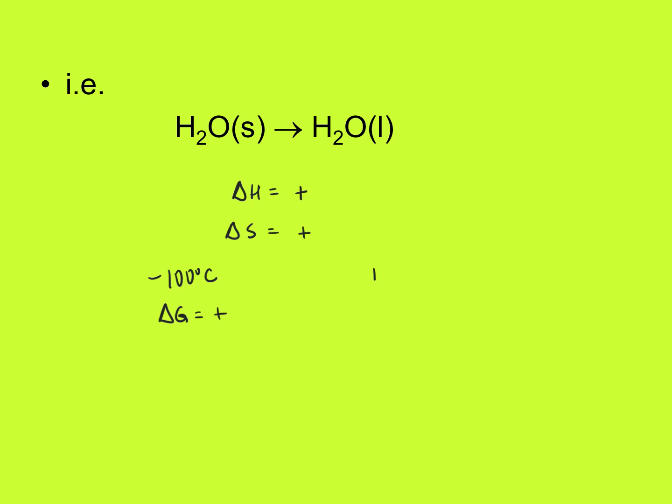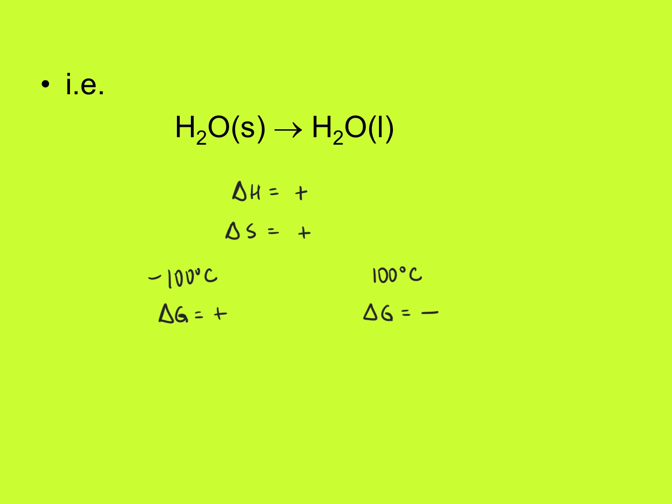Now if you go to, say, 100 degrees Celsius, which is 212 degrees Fahrenheit, that means that delta G is going to be negative because that process is thermodynamically favorable at that higher temperature. And once again, I'm going to go into that in more detail when we meet in class and talk about what the sign of delta H, delta S, and delta G is.